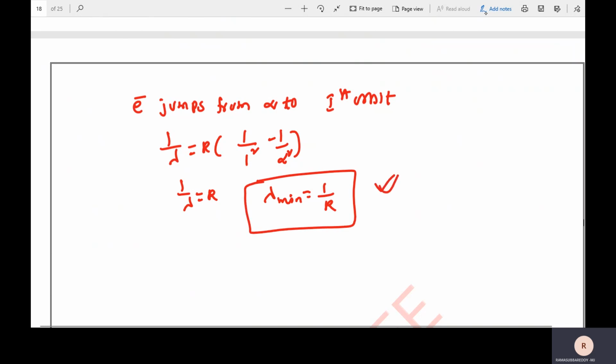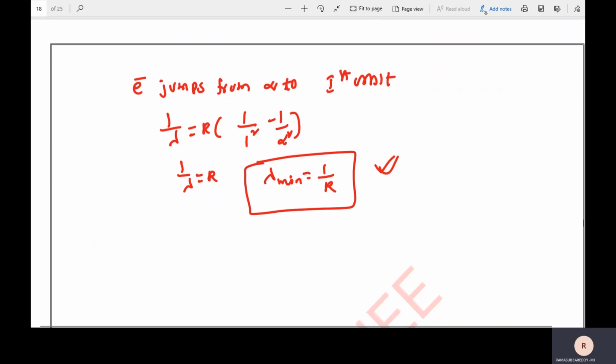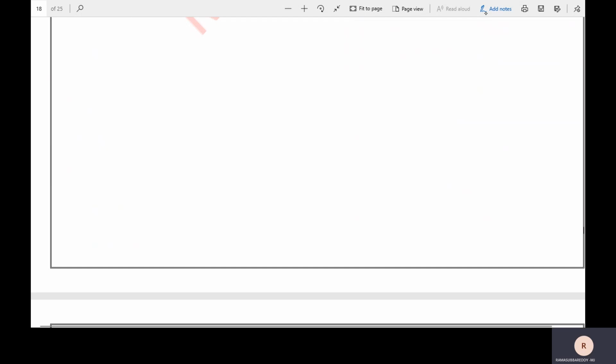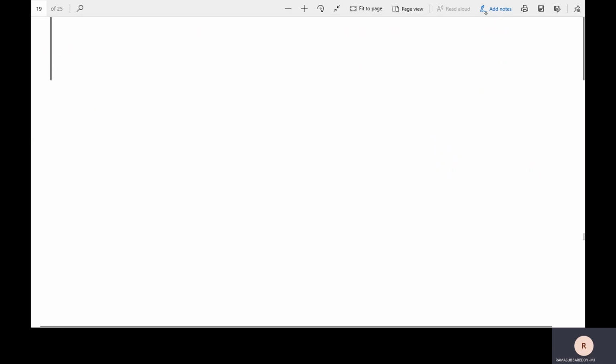Similarly we can find Balmer, Paschen, Brackett and Pfund. They will ask in the exam how to find the maximum and minimum wavelength for different spectral series. Clear?